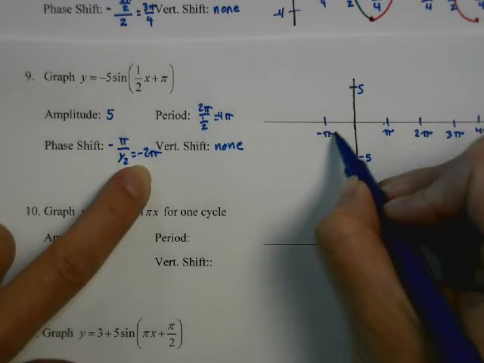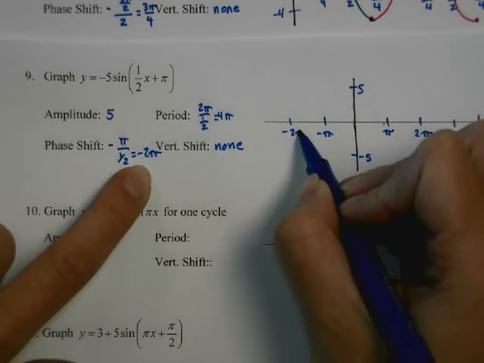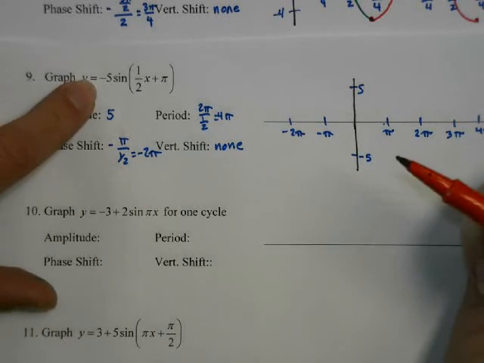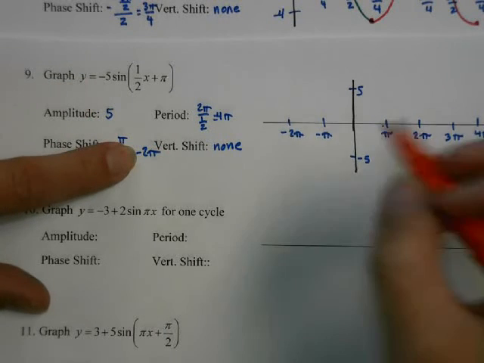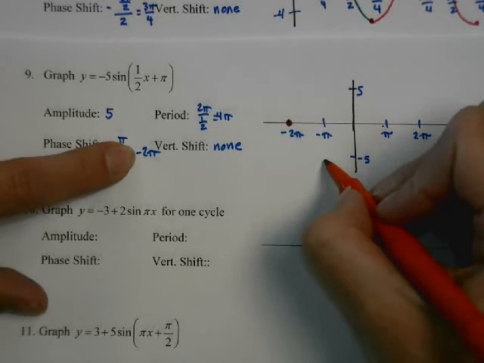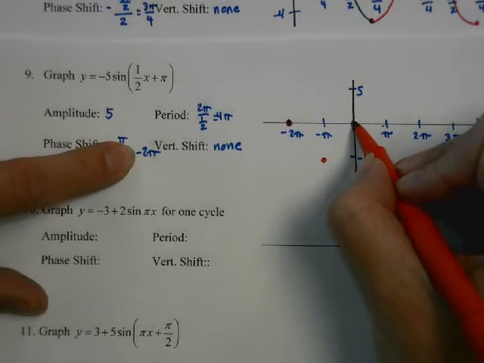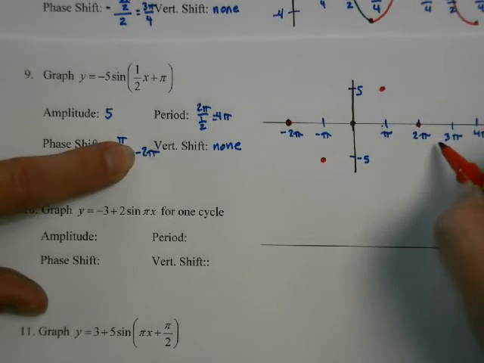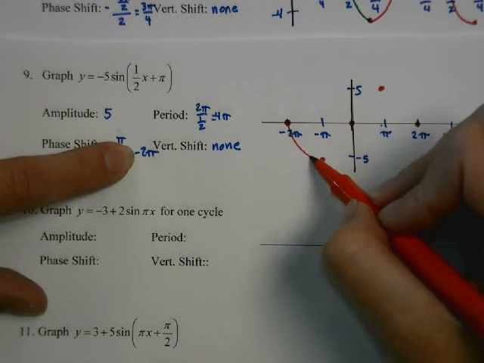So this will be negative pi, negative 2 pi. We're graphing a negative sine starting at negative 2 pi. So it's going to start at the midline, then it's going to go down to the midline, to the maximum, to the midline, and you can keep going, but we're good.